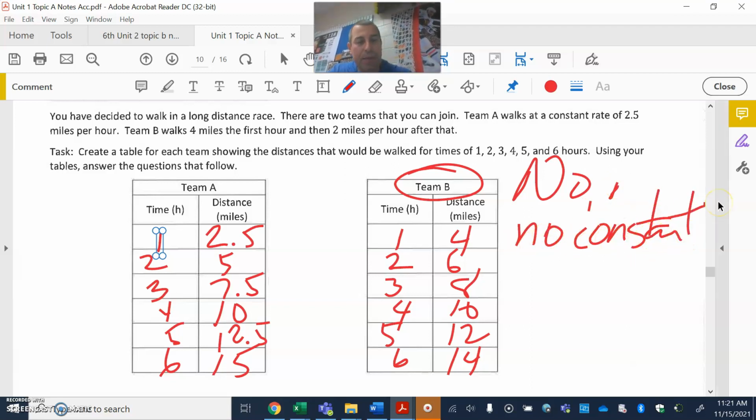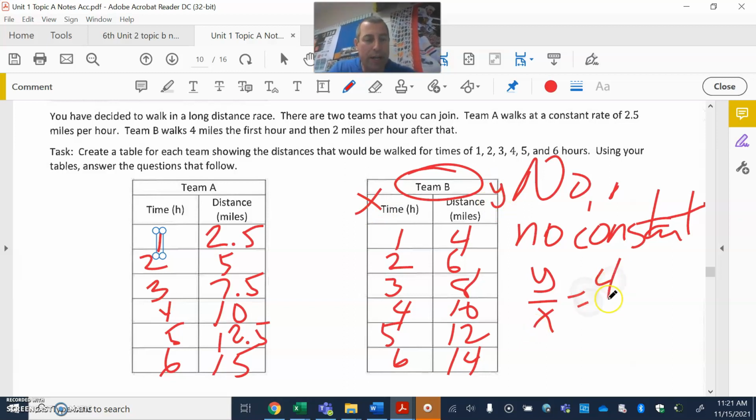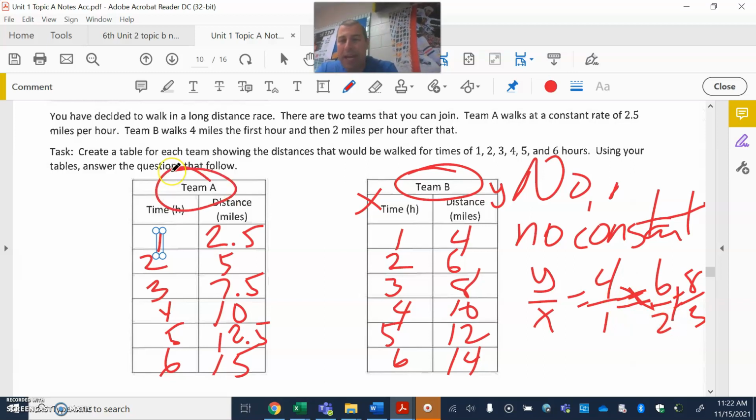If we do our y divided by x, and like we said, for right now, they're going to give it to you in that order, every single time I'm not going to get the same number. 4 divided by 1 is not the same as 6 divided by 2, which is not the same as 8 divided by 3. So we put our not equal sign, which is an equal sign with a slash through it. Whereas over here with Team A, we're going to say yes.